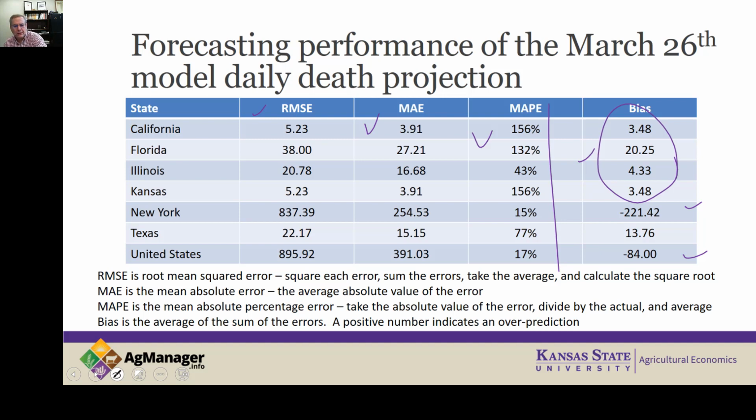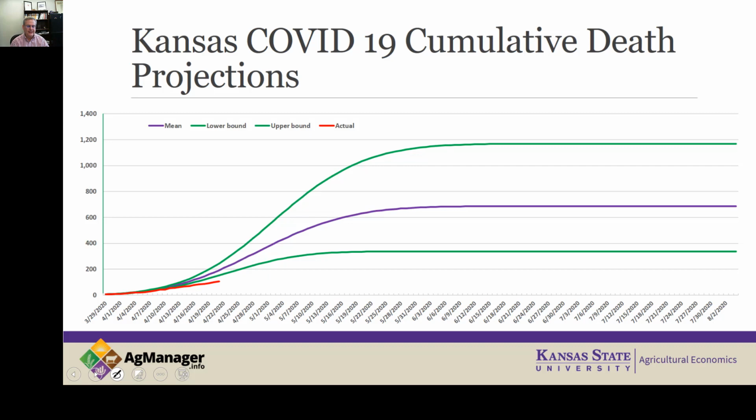New York is relatively low, Illinois is relatively low, and the United States as a whole is relatively low. But if you look at Kansas, Florida, and California, they're more than 100% off. Certainly in Kansas it might be due to the small numbers, but in Florida and California that's less likely the case.